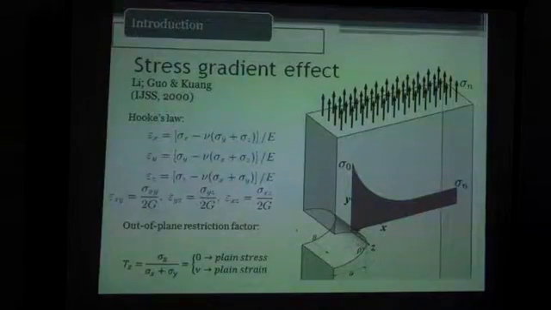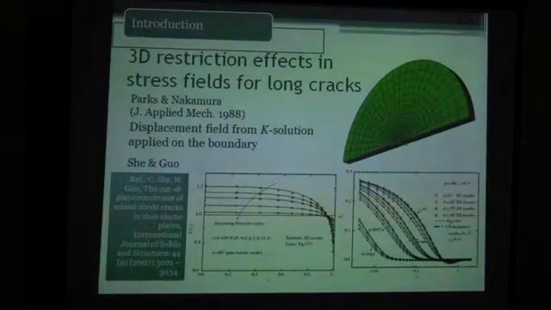You also get some old work by Professor Parks, which deals with cracks and tries to find the stress intensity factor along the crack tip through the thickness.